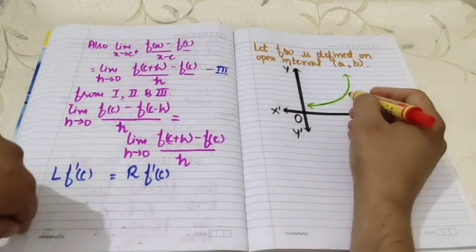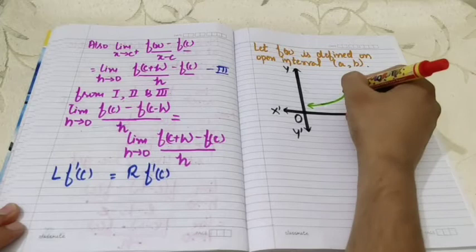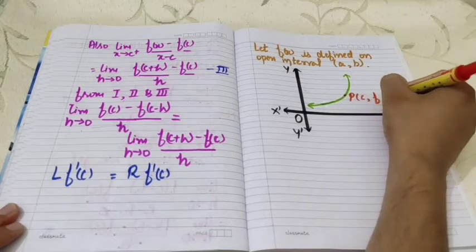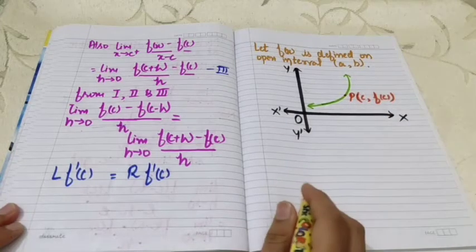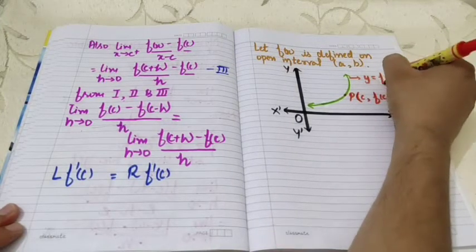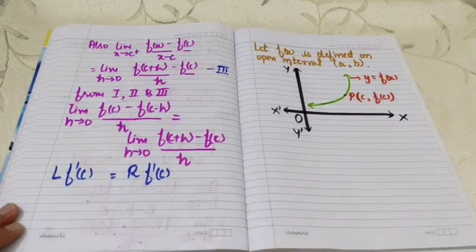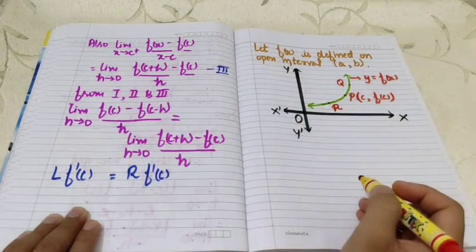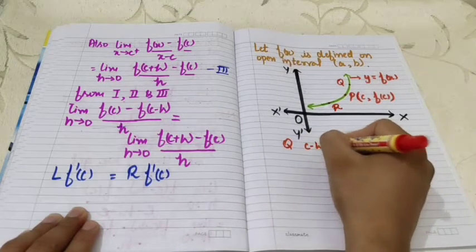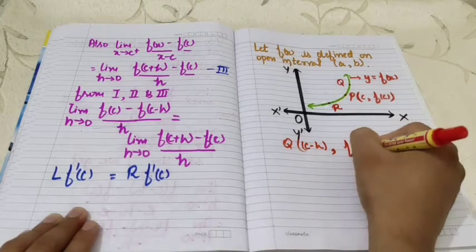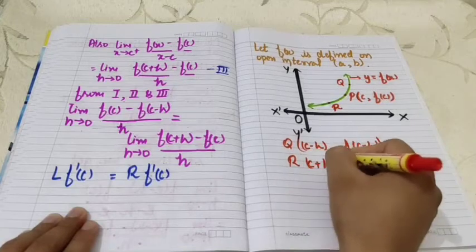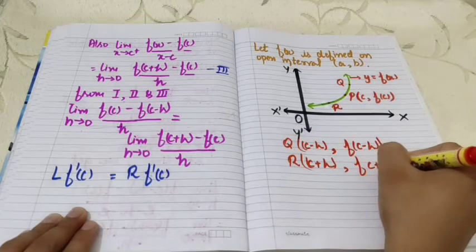Let there be a function defined on the open interval (a, b), and let P with the coordinates as shown be a point on the curve which is y equals f(x), and let Q and R be two neighboring points to point P with the coordinates of Q, that is (c minus h, f(c minus h)), and that of R, (c plus h, f(c plus h)).